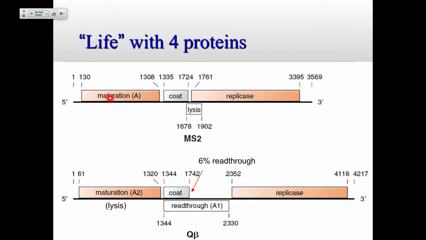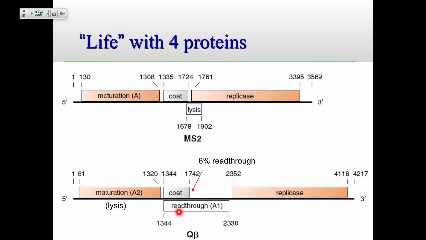Q beta down here. There are a couple of extra proteins. One of those is a lysis protein. You remember we talked about lysis as being very important for the timing. So you don't want to lyse the cell too soon before you've made all of your different viruses. And then there's a protein originally called the maturation protein, which probably has much more to do with entry into the cells. And we'll take a look at that in just a second here.